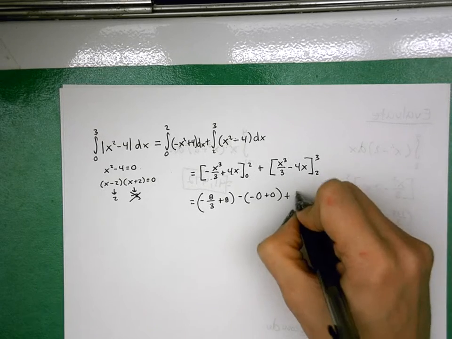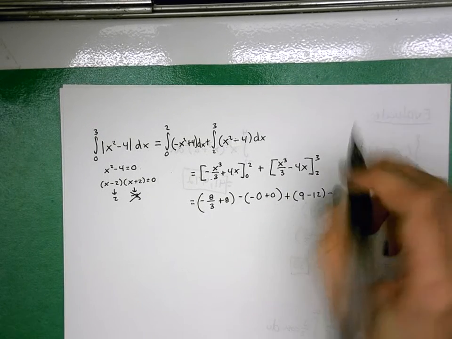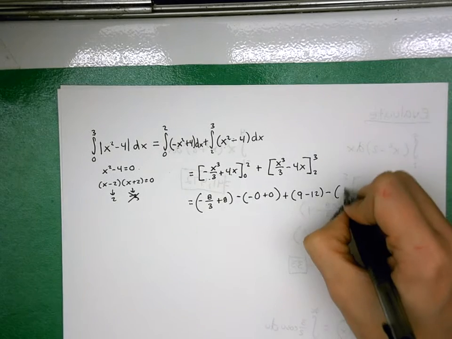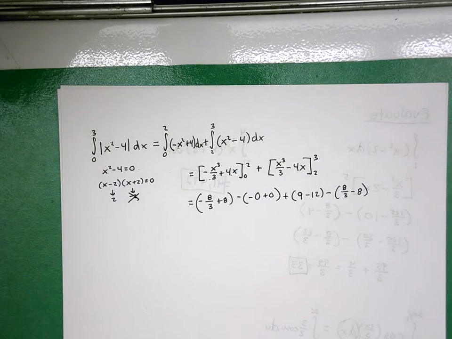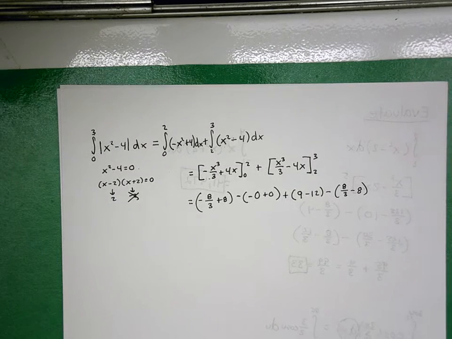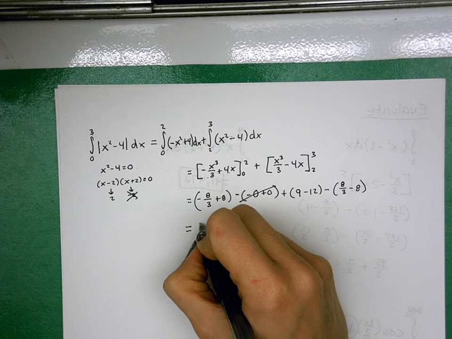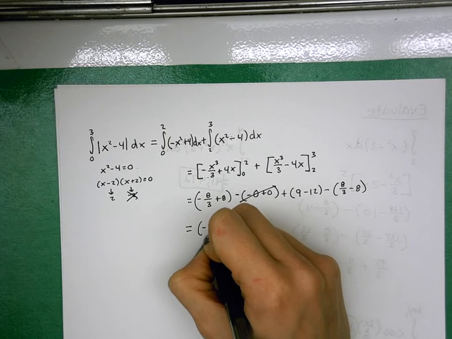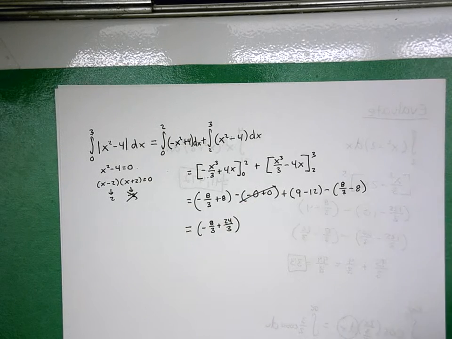And then on the other one, plug in our upper. 27 over 3 is 9. Minus, plug in our lower. 8/3 minus 8. Okay? So this is obviously 0, so it's going away. Negative 8/3 plus 8. 8 is going to be 24/3, so I can find a common denominator.